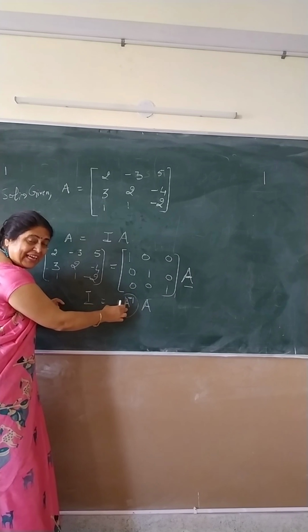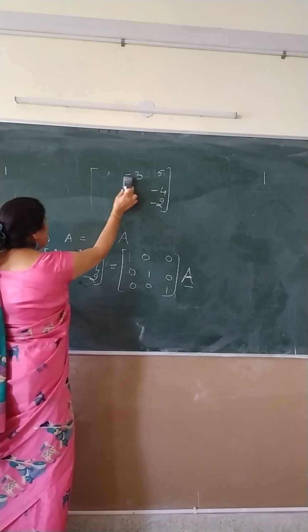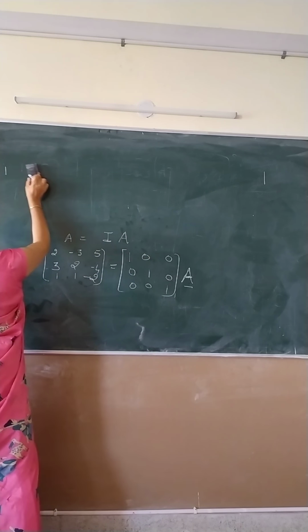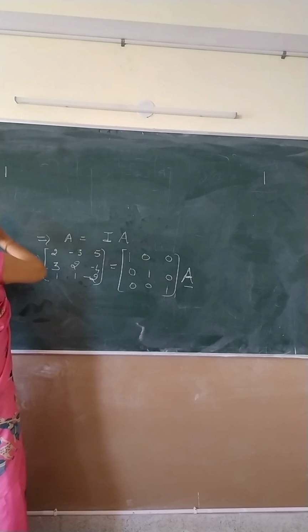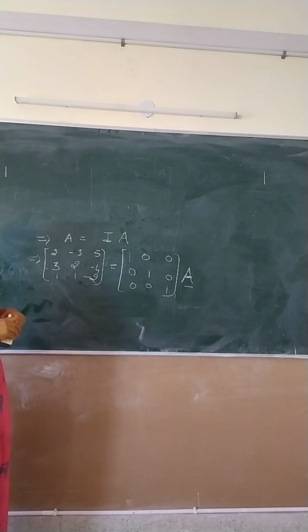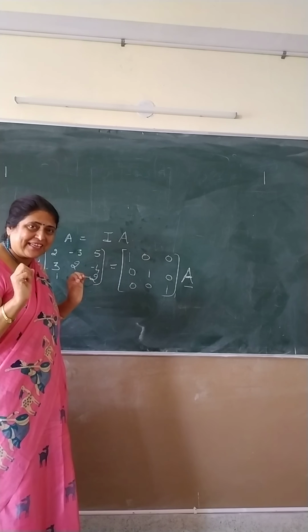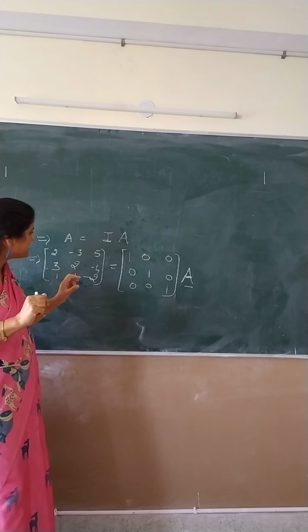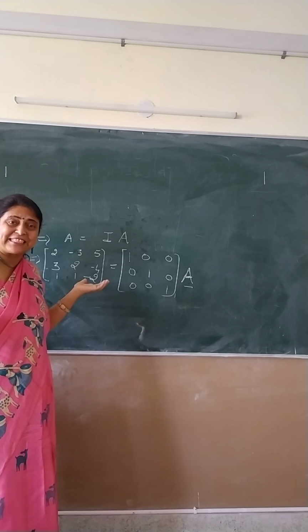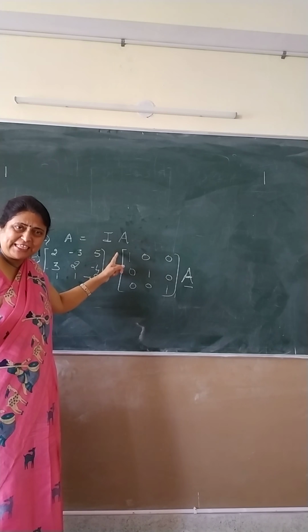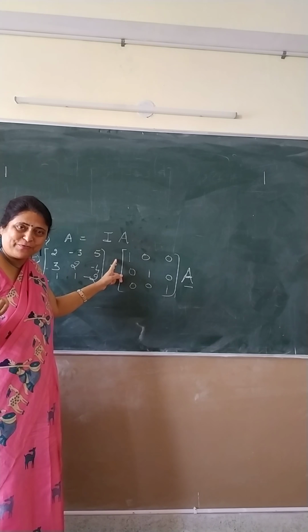Therefore, we have to make this matrix an identity matrix. Now, I am applying the elementary row operations. Now, how will you apply? You have to understand, not just cram. Now students, we know the identity matrix. In the identity matrix, the first element should be 1.